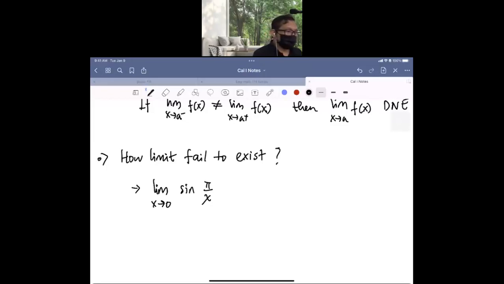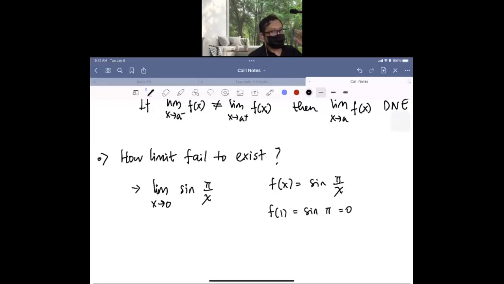Let's say we have this function f of x, and we try several x. For example, f of 1 is sine pi, which is 0.